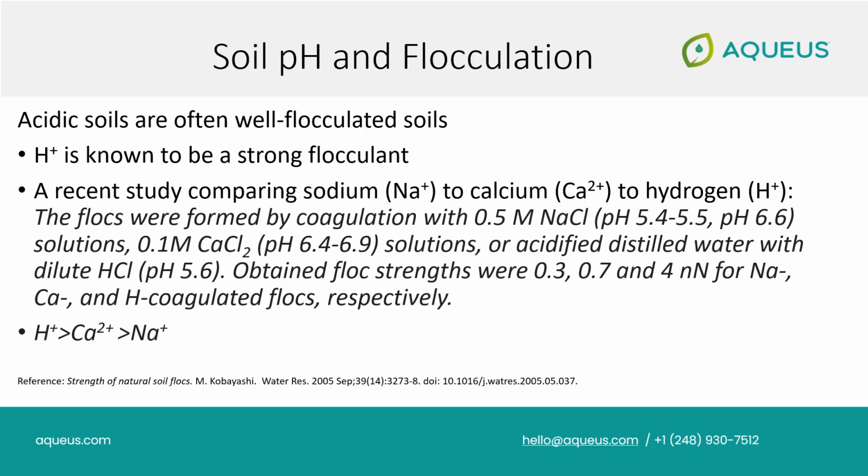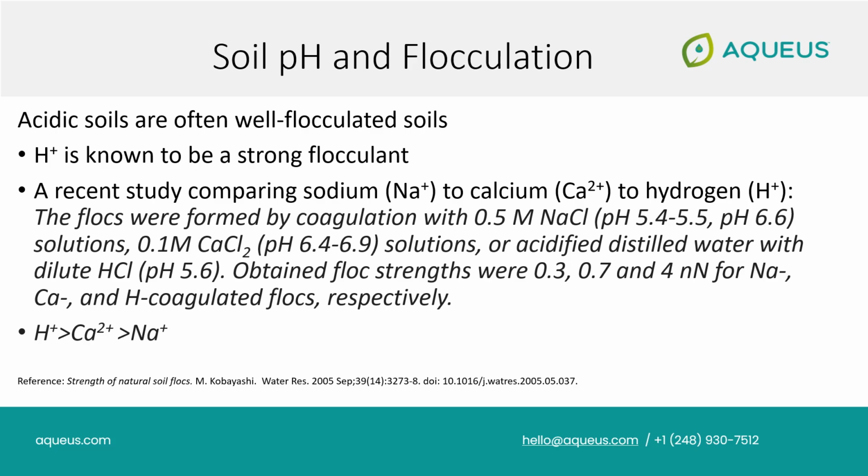So we can see that the protons, or the H plus, is going to have stronger soil structure, and intermediate is calcium, and you could put magnesium in there. This is just a general from this one study. And then sodium is last.